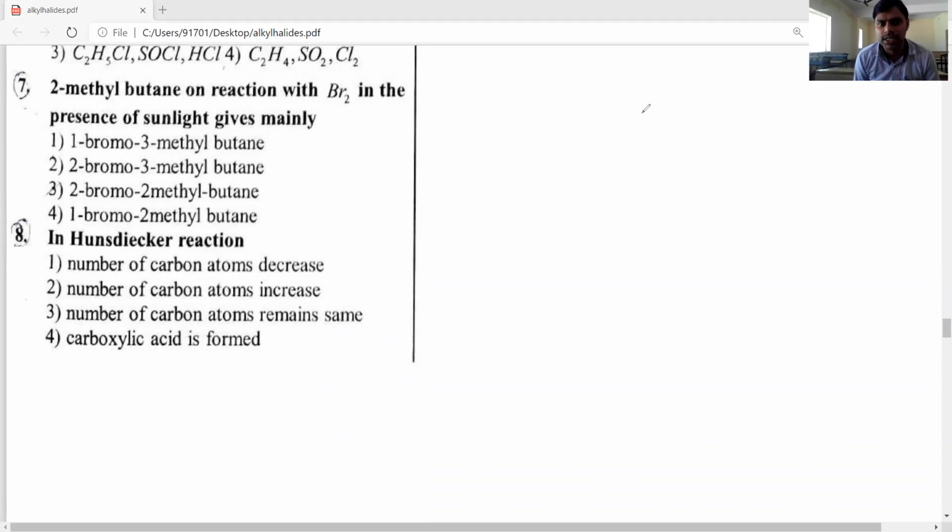See, the halogenation of alkanes is a free radical substitution reaction.